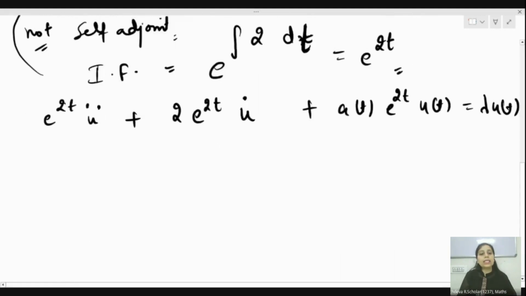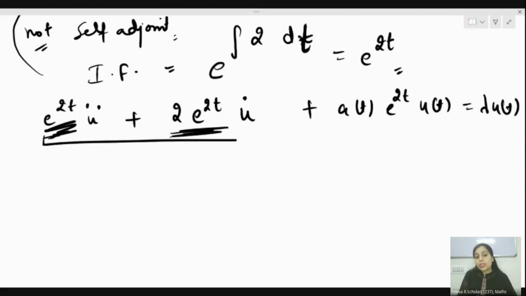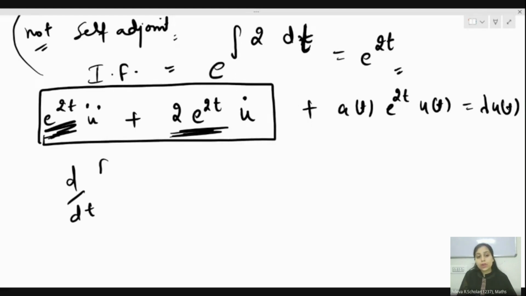Now we can clearly see this is self-adjoint. We can see the derivative of this is here, 2 e raised to power 2t. Now, we can write these two terms combined. How can we write? Derivative of e^(2t) into u dot.